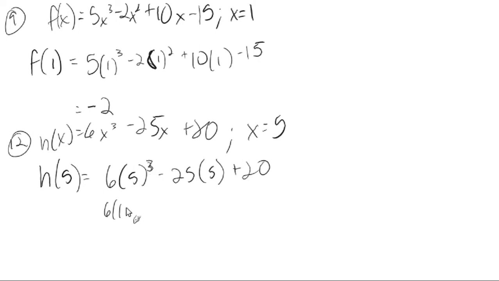That's 6 times 125. Minus 25 times 5, well, that's the same as 5 to the third. 25 times 5, so that's minus 125. Plus 20. Here you got 6 times 125. That's going to be 750.